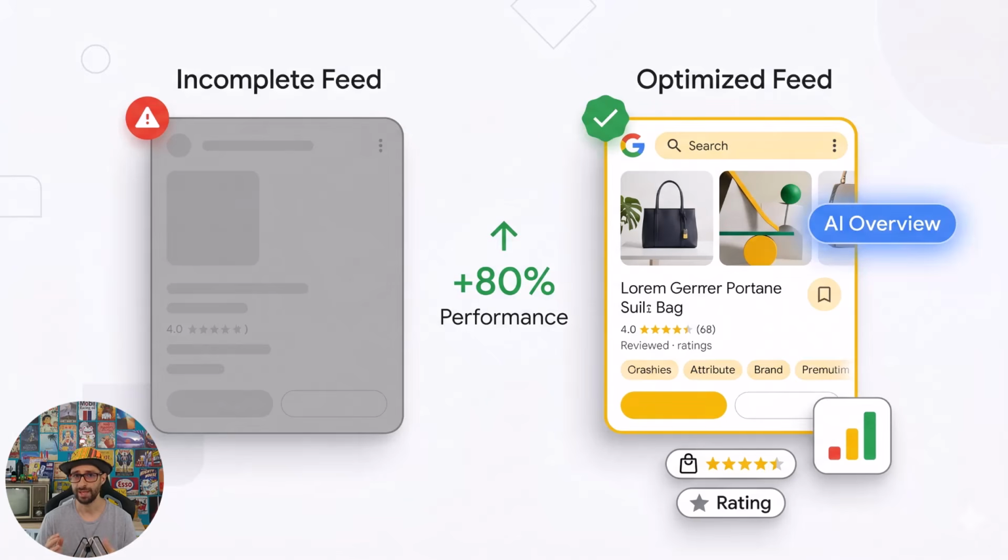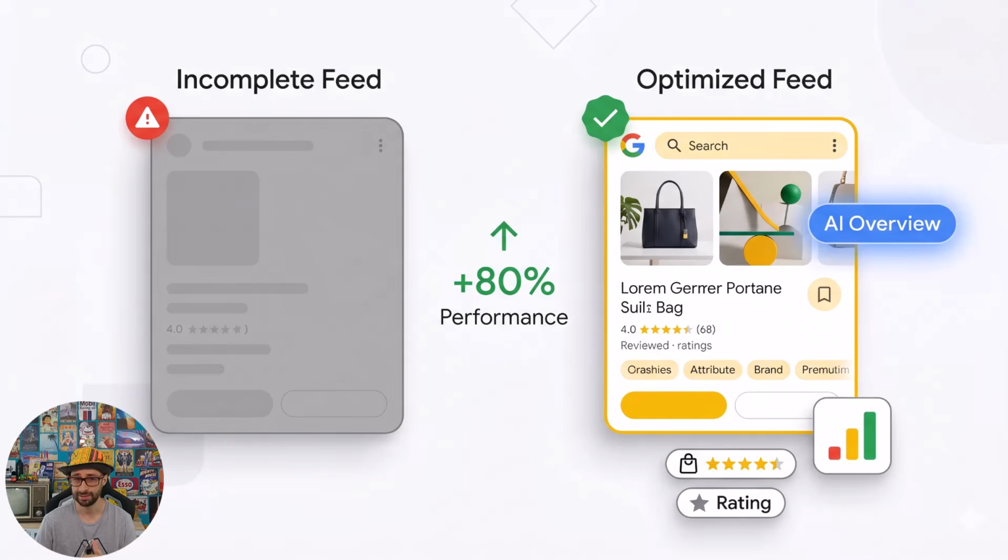I ran a small case study with one of my clients. We improved their product data, not their bids, not their creative, just the data, and we saw an 80% improvement in Google ad performance, and their cost per click dropped too. That's the power of clean, complete, well-structured data feeds. So when I say this matters, I do mean it.